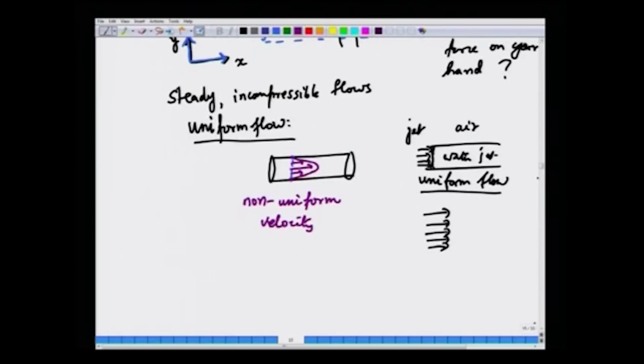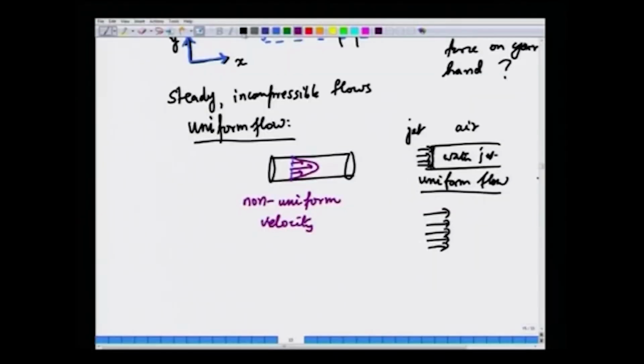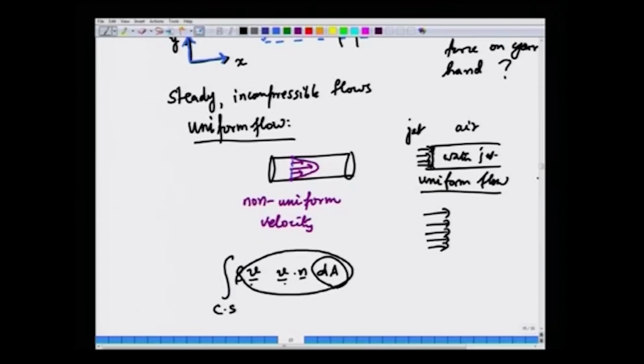The reason why whether you have a uniform flow or non-uniform flow is important is because when you want to evaluate the flux term rho v dot n dA, this is an area integral over the inlet and outlet of the control surfaces. Now, if v is a function of the cross sectional area, then you have to evaluate the area integral.